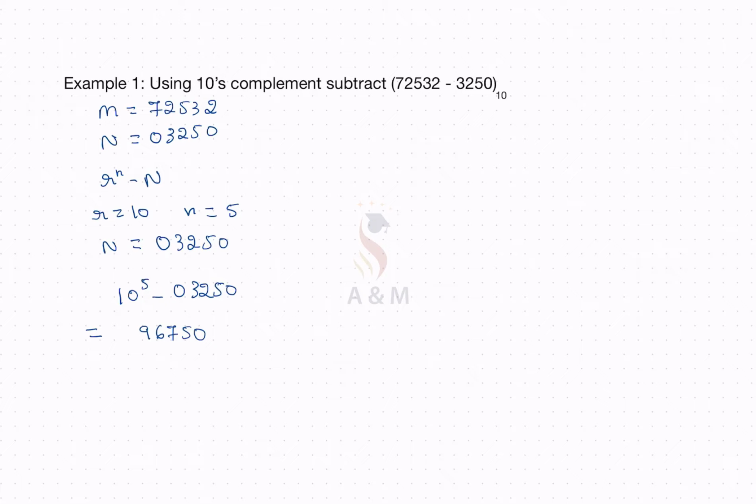Now add m with the result of tens complement of n, that is 72532 plus 96750, which is equal to 169282.